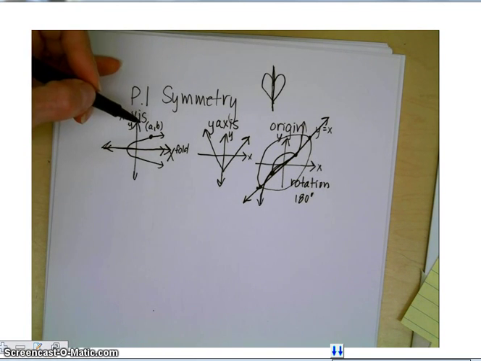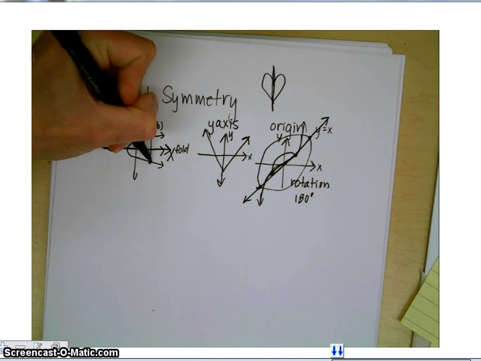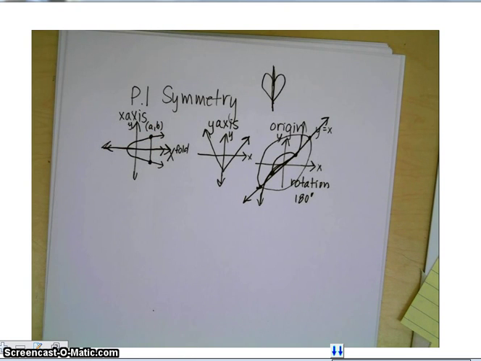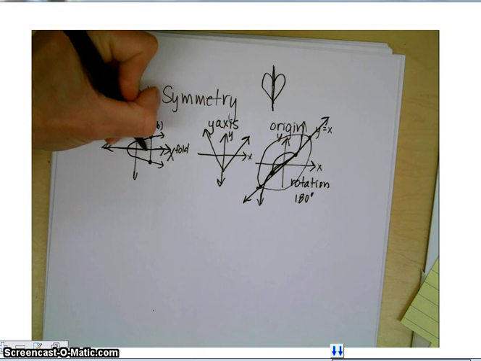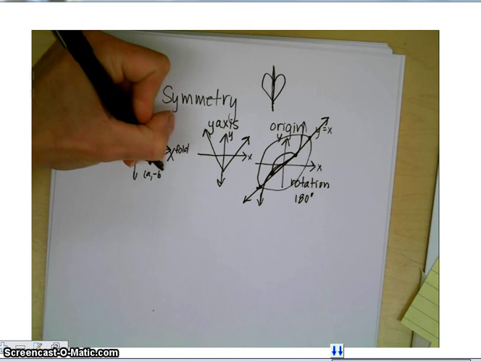If it has x-axis symmetry, then see how this point directly across the x-axis is also on there? Name that ordered pair for me. Very good. It is still over A, but instead of being up B, it's negative B. So this is A comma negative B.